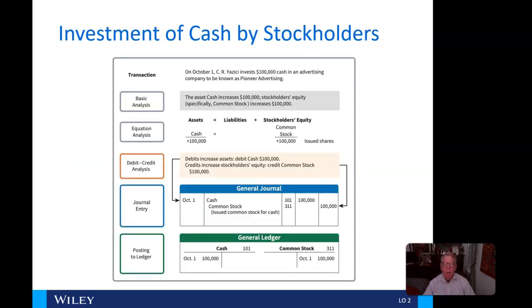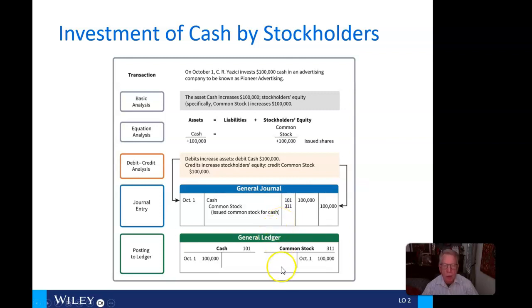Here we've gone through the process, and I don't think this is terribly difficult. Here we have invested $100,000 in cash in an advertising company. And so cash goes up, common stock goes up. Okay. Then down here, it shows how that ripples through the general journal, the journal entry in this case. In this case, you see the posting reference is, in fact, the general ledger account number.